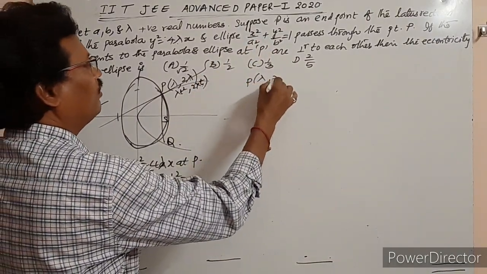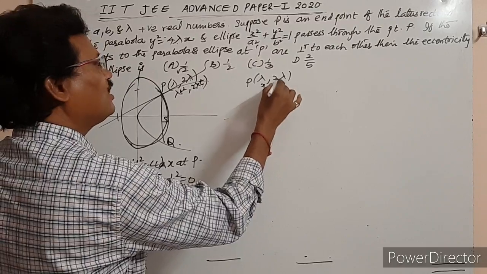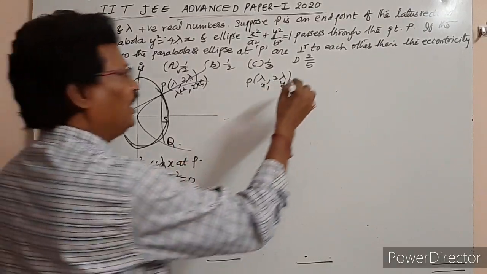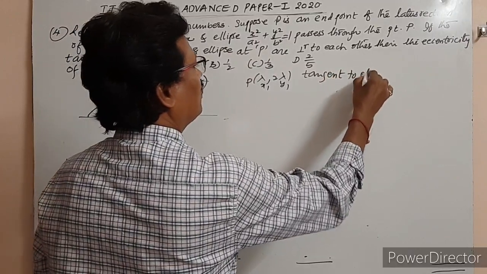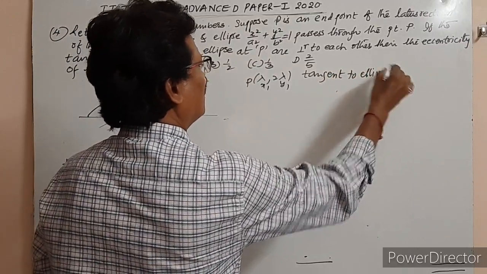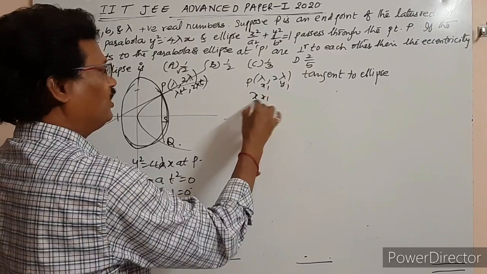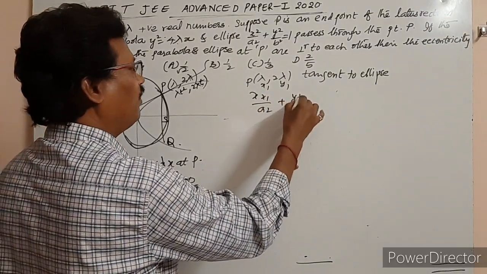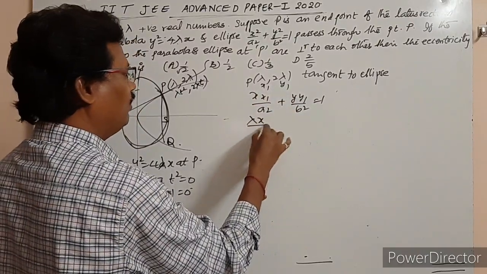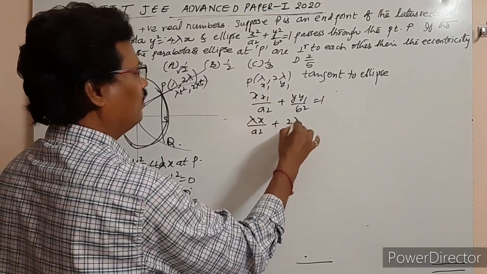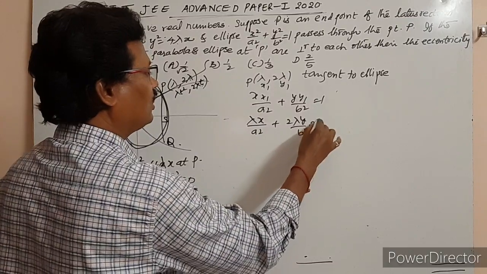P is lambda comma 2 lambda, let us consider x1, y1. Therefore, what is the tangent to the ellipse? Tangent to the ellipse is x x1 by a square plus y y1 by b square is equal to 1. x1 is lambda, so lambda x by a square plus 2 lambda y by b square is equal to 1.